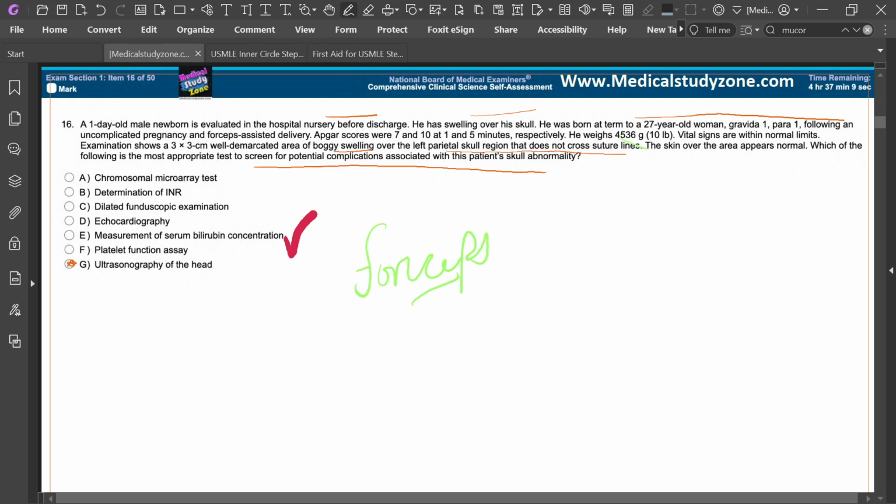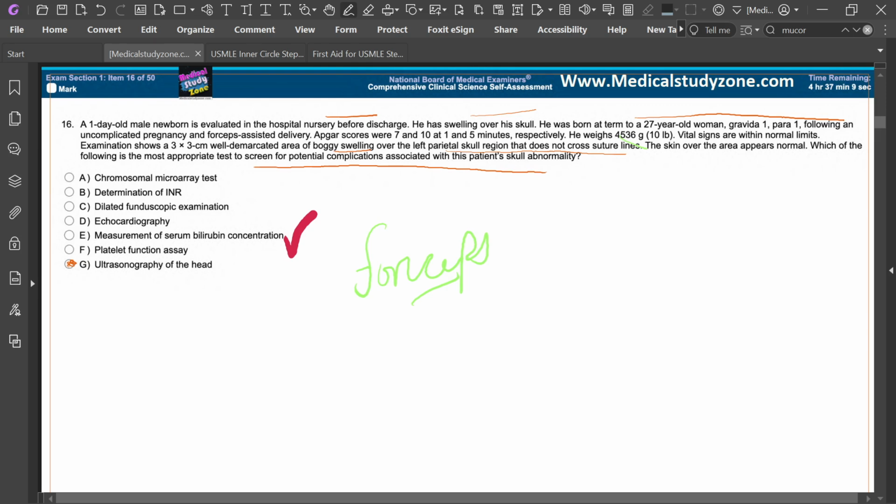Assisted vaginal delivery is typically indicated for a prolonged second stage of labor and can be complicated by the use of vacuum assisted devices or metal forceps.